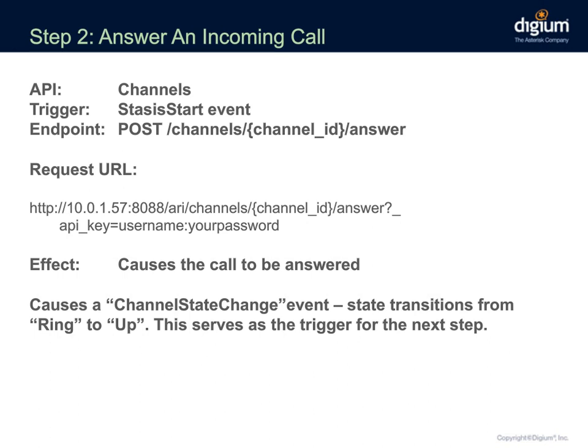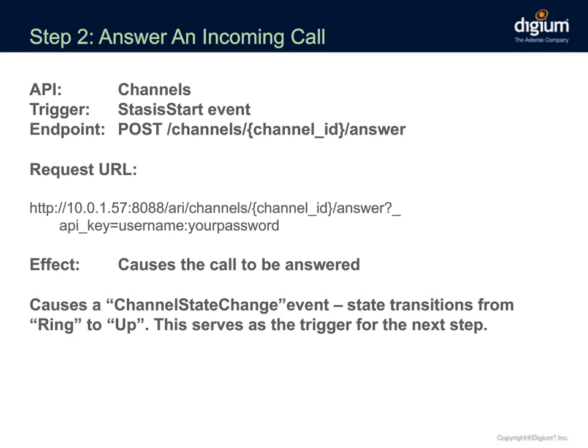So you'll see in the request URL, we've got our Asterisk identifier, the IP address and port, ARI, and then we're using the channels API and pump in the channel ID that we copied from the incoming blob of JSON, and then answer, and then we'll pass in one additional piece of information, which is simply the API key, which the API uses to authenticate us, keep people who shouldn't be able to send commands from sending commands.